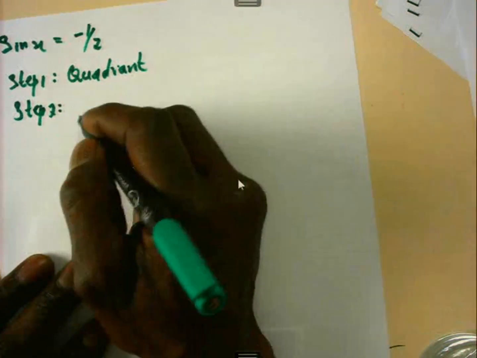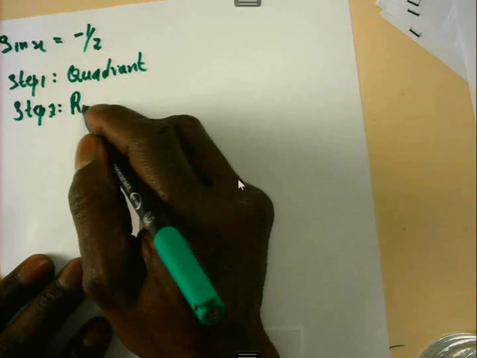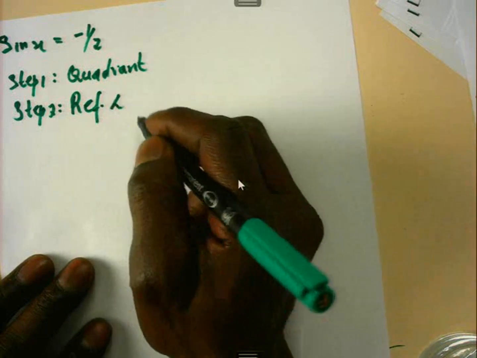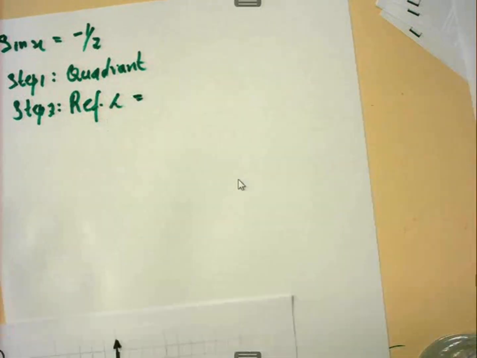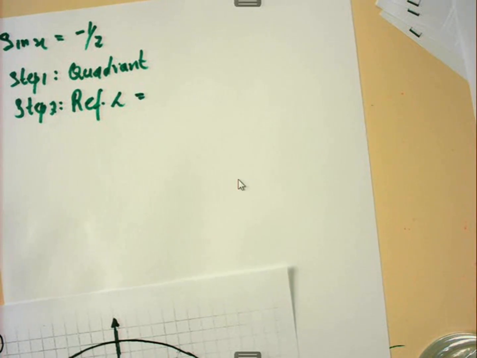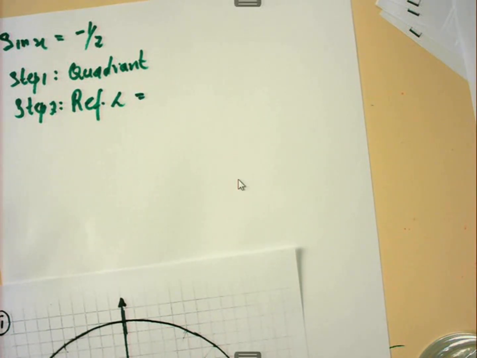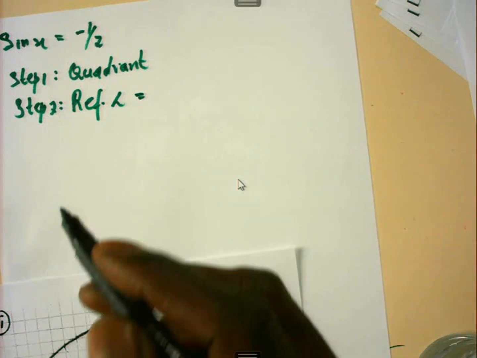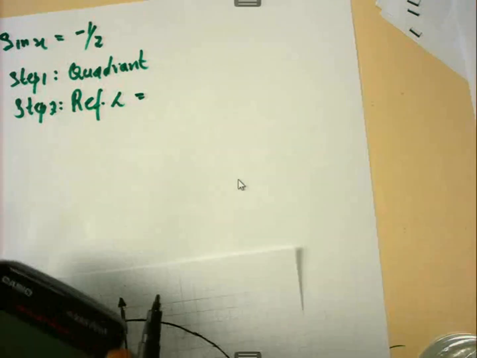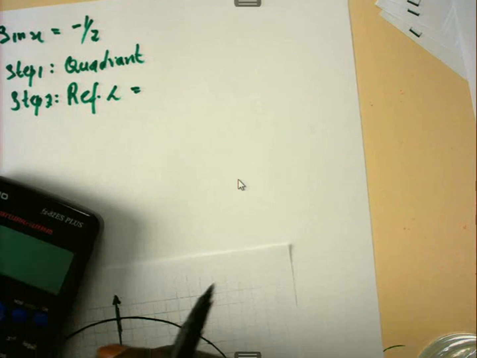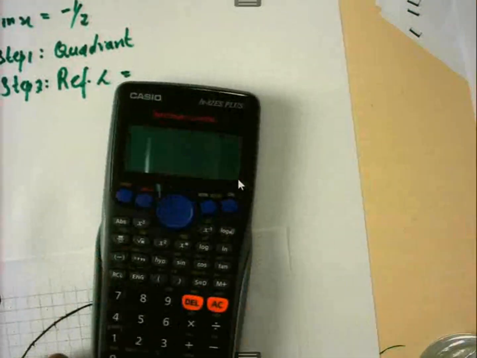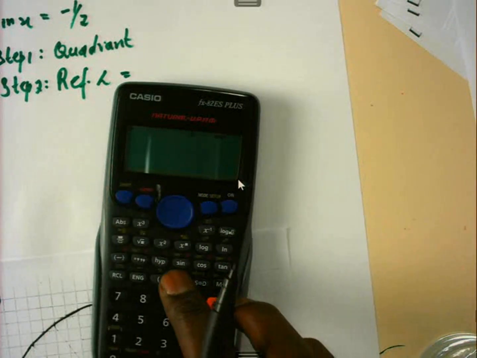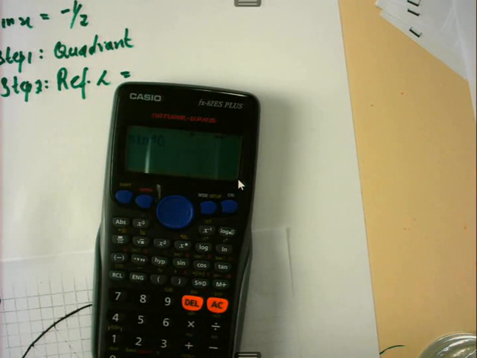Step 2, we are going to look for an angle to refer to in order to generate the solution for that problem. So our reference angle will be, you now know that we've got to press, let's switch the calculator on. We press second function arc sine. I want to press negative 0.5.